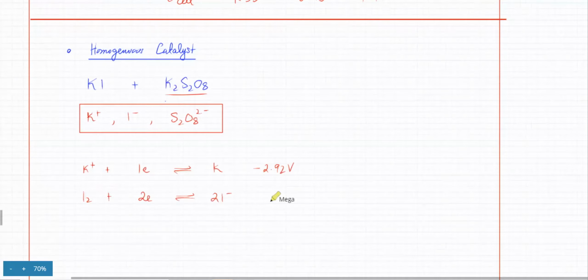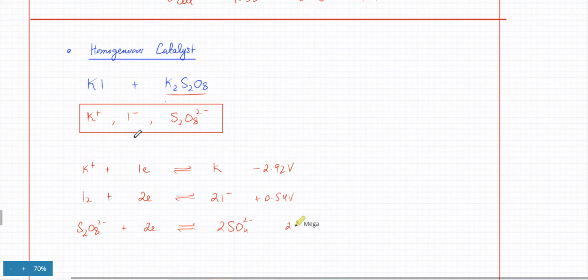Okay, remember don't forget to write this plus. And then S2O8 2 minus. There's this reaction for S2O8 2 minus, and the E naught is 2.01 volts.